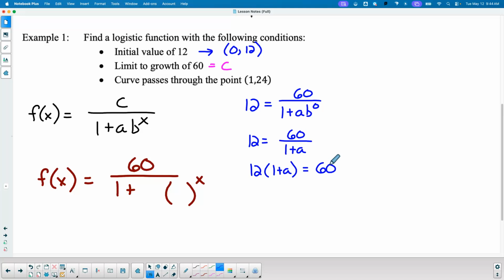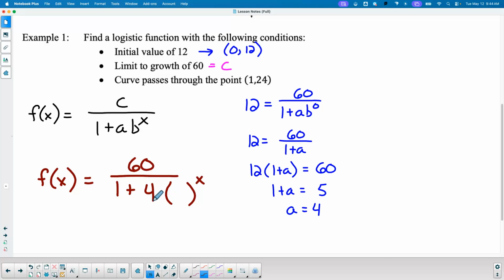Then divide by 12. Then subtract 1. So a is 4. So we've used our initial value. We've used our limit to growth. Now we should probably use that it passes through the point 1 comma 24, right?